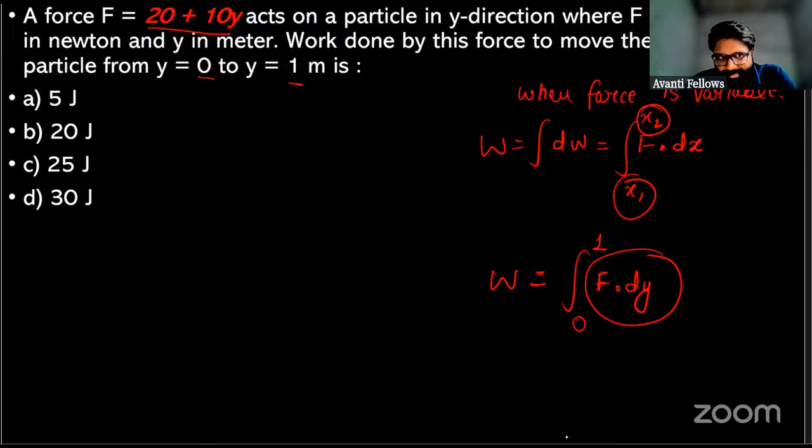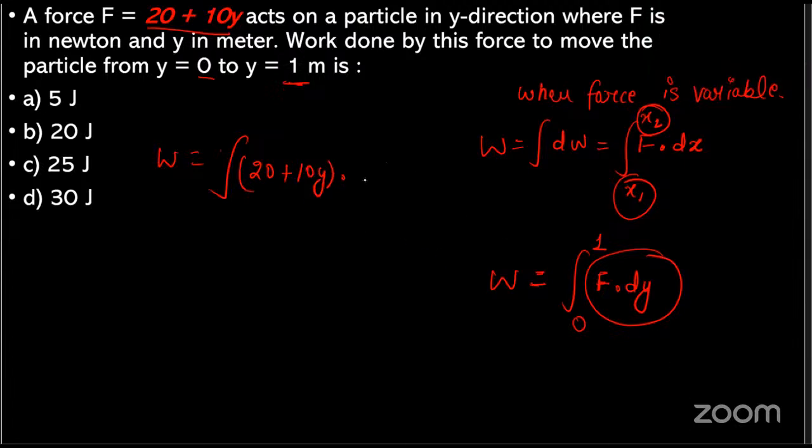But this force is given as 20 plus 10y, and the particle is also displaced from y equals 0 to 1, which means displacement is happening in the y direction. So that is why we say F dot dy. Clear? Now, what is the expression of F? It is 20 plus 10y into dy.